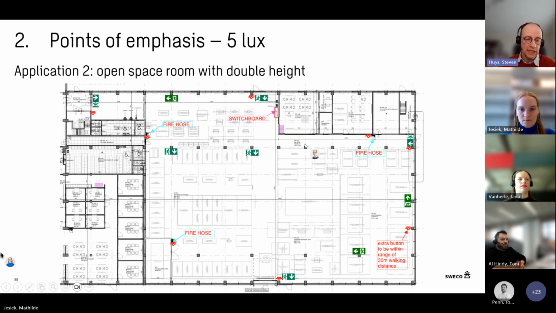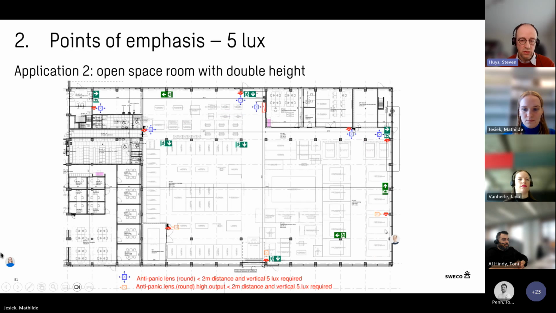So then in the second application, again, we identify the fire buttons and the other points of emphasis. We have a few fire hoses, we have a switchboard. Here is also an extra button because you always need a button within 30 meters walking distance. So you have to identify this one too.